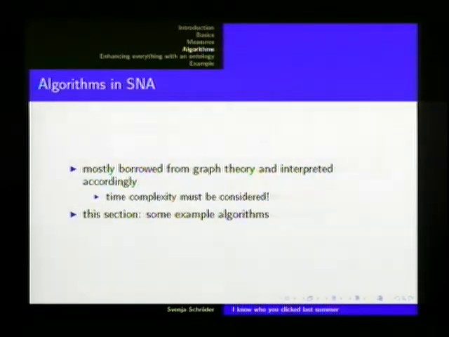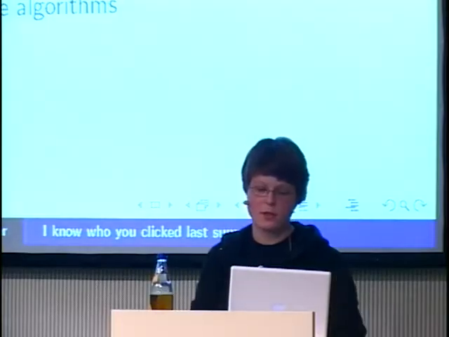And the trick is to interpret them accordingly. So social network analysis just gives you a kind of toolbox to interpret all those algorithms you know from graph theory. Not all of them, but most of them. And of course, time complexity must also always be considered. So a traveling salesman problem is a traveling salesman problem also in a social network.